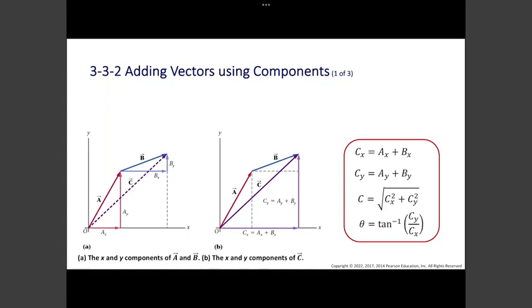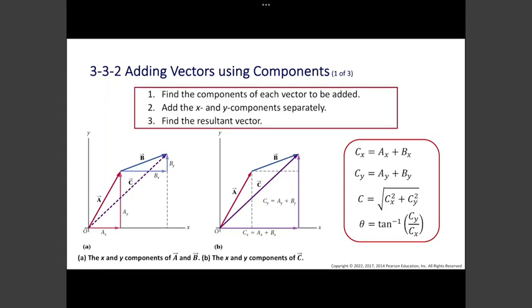First we need to find their x and y components, then add or subtract to find the resultant vector. So the rule of thumb for adding and subtracting vectors is: first find the components for each vector, then add the x and y components separately and find the resultant vector.